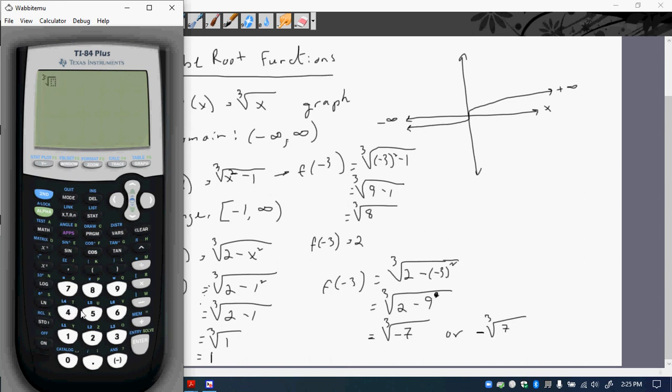We'll type in the negative 7 and hit enter. And so we do get a decimal answer. And that's the same thing as minus the cube root of 7. So we get the same answer. So we can have the negative in or out because it's a cube root, basically. And so that's the end of the cube root explanation.